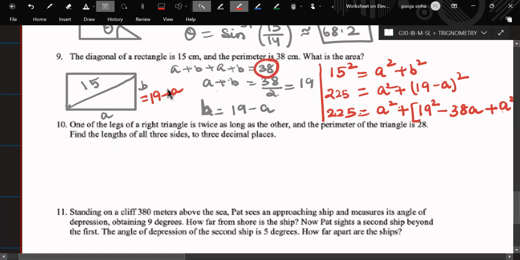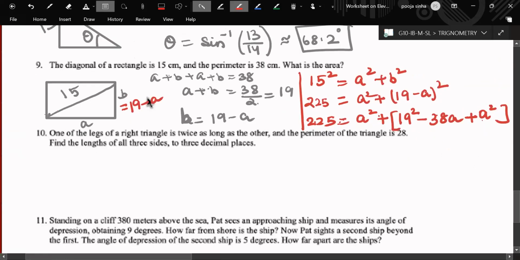Perimeter is 38. So twice A plus twice B is equal to 38. So A plus B is only 19. From there, can I say that B is 19 minus A? Yeah. Now I'm applying, isn't this the Pythagoras theorem? It's a right angle triangle, so I can apply Pythagoras theorem.